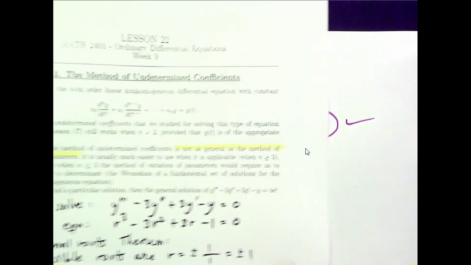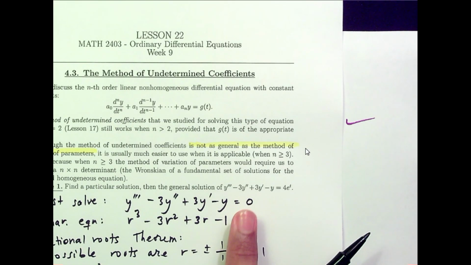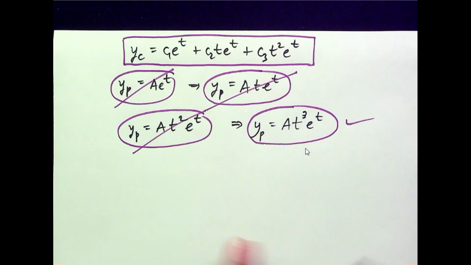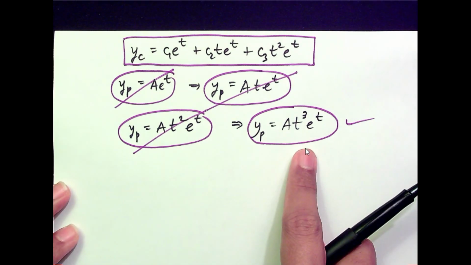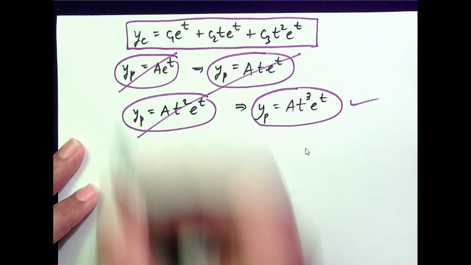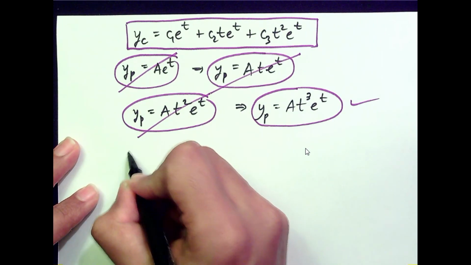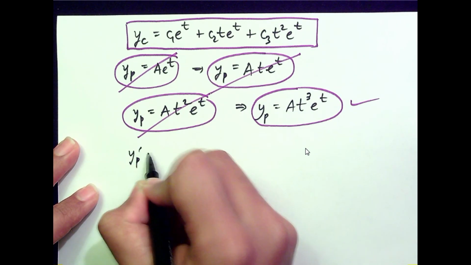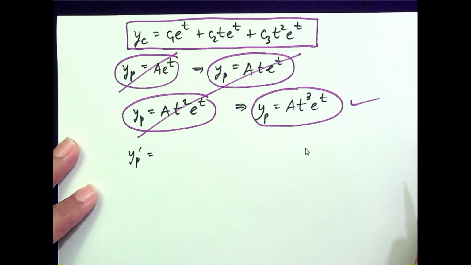This differential equation is order 3, so we're going to have to find the derivative of this 3 times, which is not very fun, but let's do it. The first derivative is going to be, okay, this is a product rule.